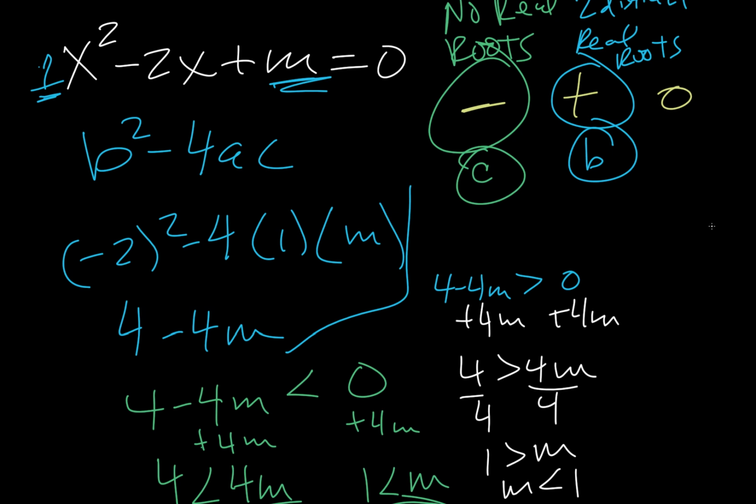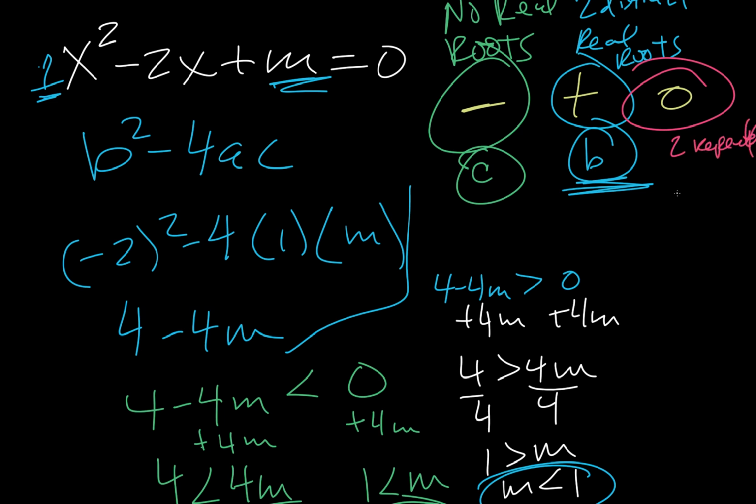So when m is less than 1, then this happens. We have two distinct real roots, which is a positive discriminant. Alright, the final case where we have 0, which is repeated roots, and that is part A.